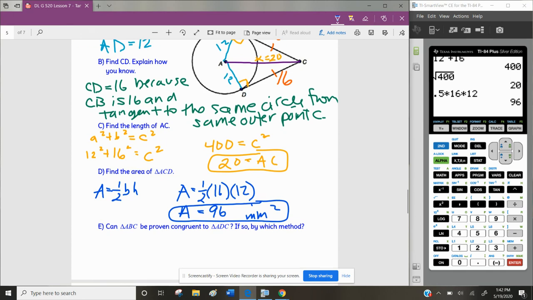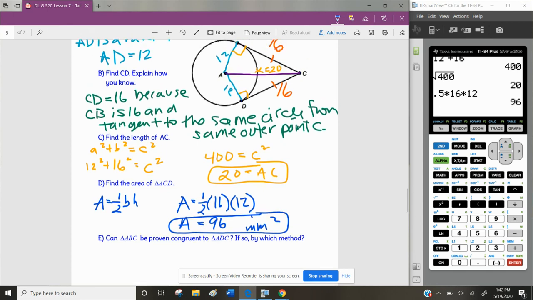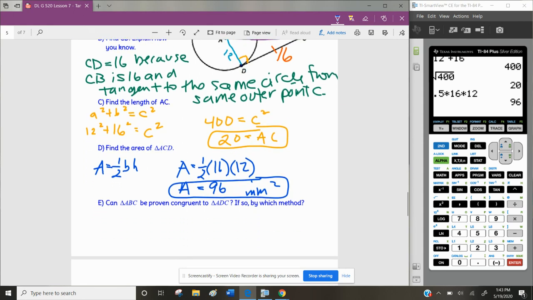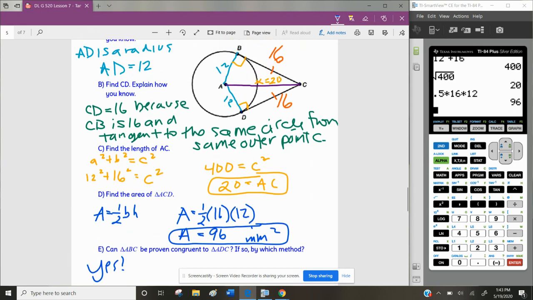Can triangle ABC be proven congruent to triangle ADC? Yes. All right, so that goes back to our methods. Could we use side, side, side? Yes. Could we use side, angle, side? Yes. Could we use hypotenuse, leg? Yes.